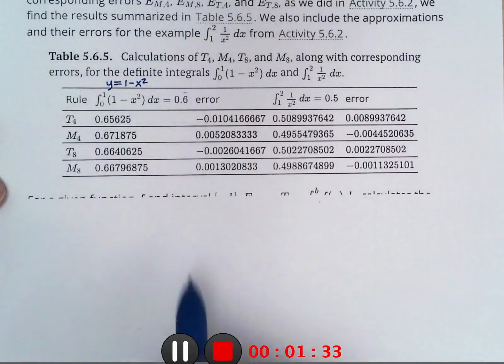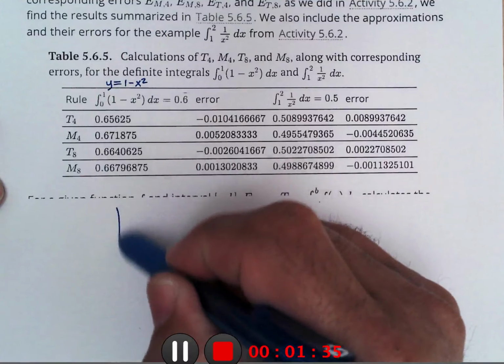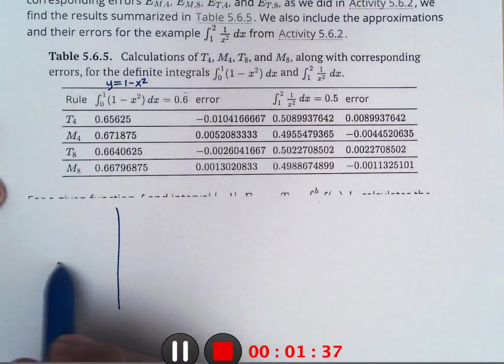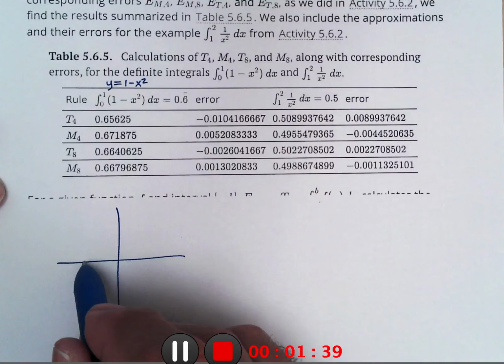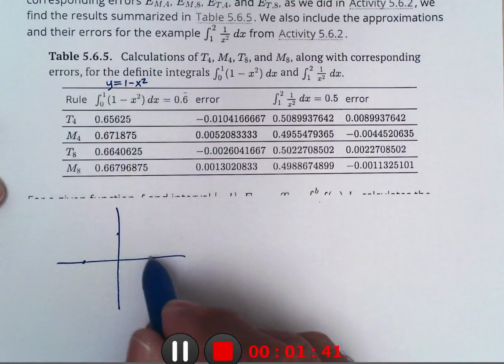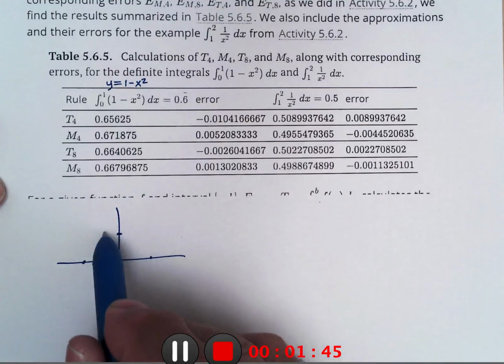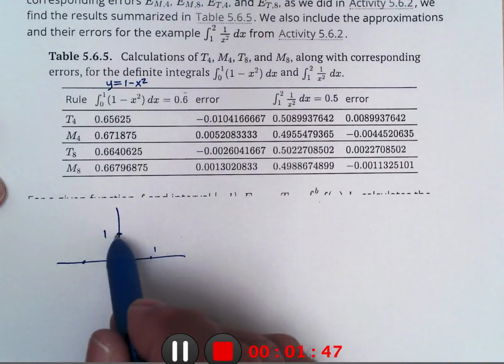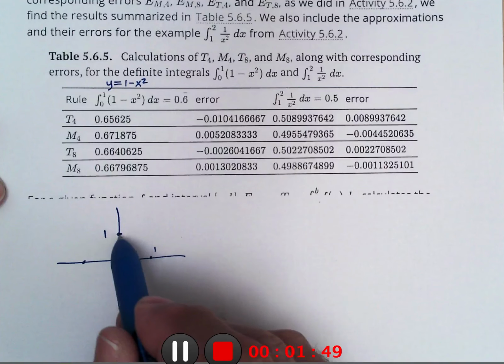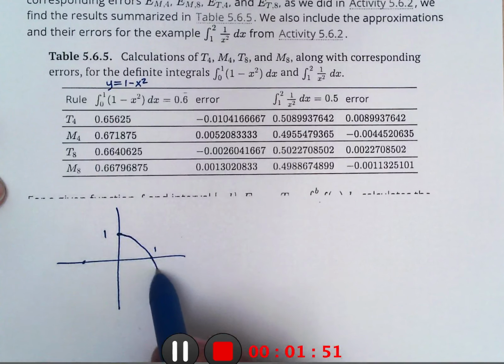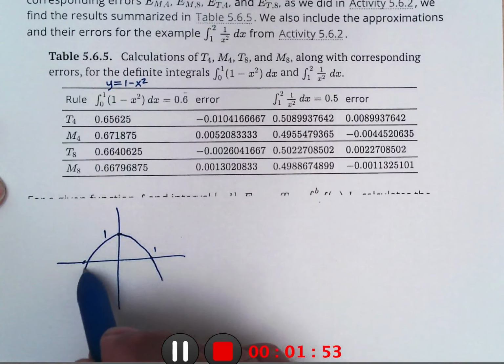So if I were to graph that with some degree of carefulness, it's an upside down parabola moved up 1. So if that's 1 and moved over 1, it would go through 1. So it looks something like that and goes through minus 1.